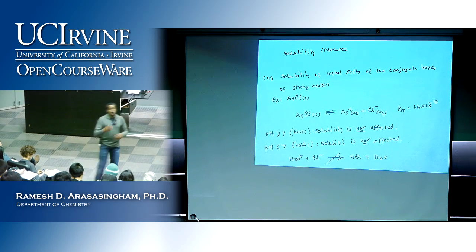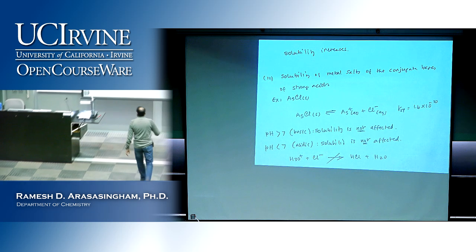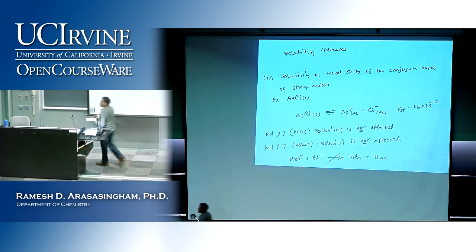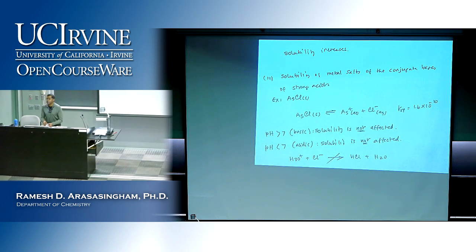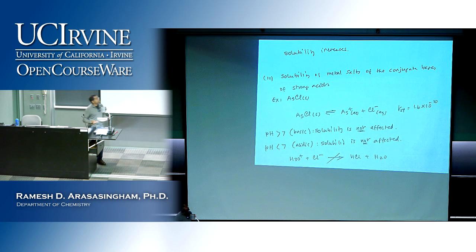So now let's take this and apply it in a problem. Okay? You should be able to predict the solubility effects depending on whether it's a metal hydroxide, whether the salt is the conjugate base of a weak acid, or whether the salt is the conjugate base of a strong acid. Now we're going to work that last problem in that worksheet before we move on to the next topic.